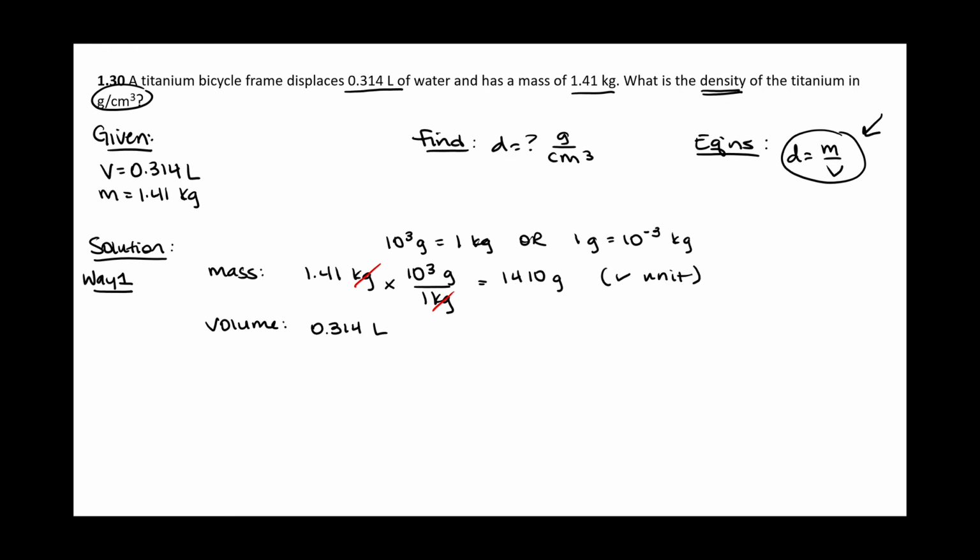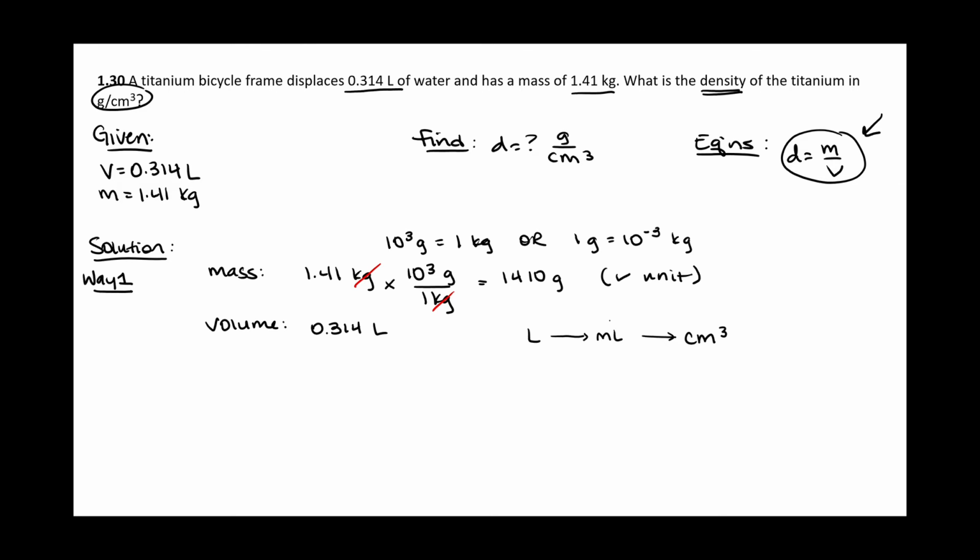If it helps, you can do a little brain map. Be like, okay, I have liters. I somehow need to get to centimeter cubed. I know that from that last slide, I gave milliliters. I know a conversion that can get me back and forth between milliliters and cubic centimeters. They're equal to each other. And I also know that there are 10 to the third milliliters in 1 liter.